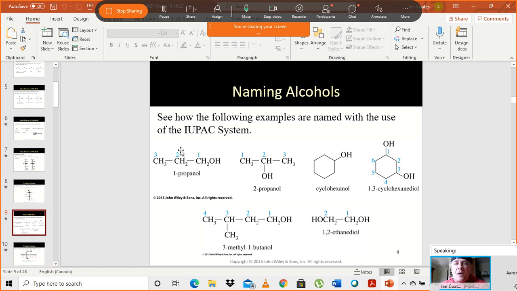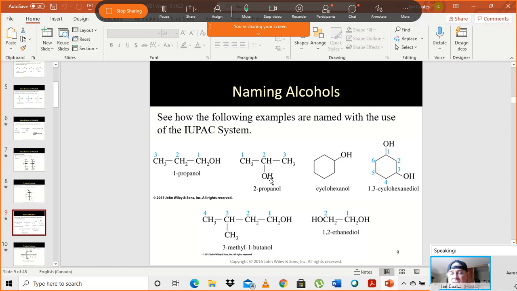Here we've got 1-propanol. And where do we start counting? From the shortest side, where's the alcohol? That's how this one goes. Here we have 2-propanol. And I will say it again. If you're going to put a number into your name, there had better be another number.